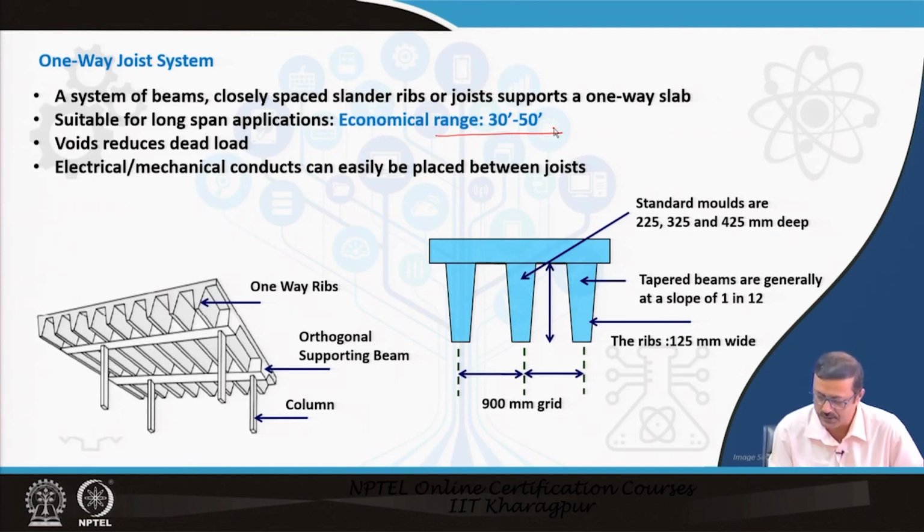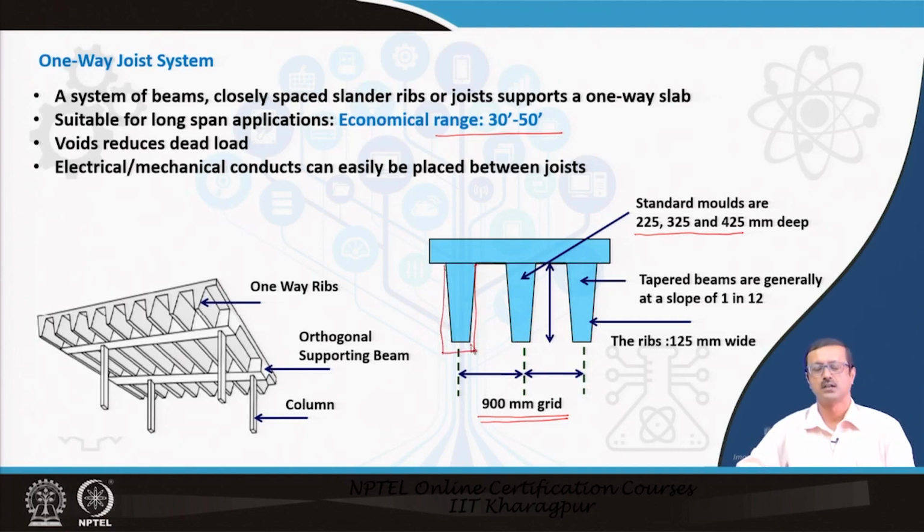In this section or figure, I have drawn the spacing. The spacing is about 900 mm, and the depth of these will be like 225, 325, 425, depending upon the amount of loading or the span. The beams are tapered, or sometimes rectangular, depending on the necessity, maybe the interior also.